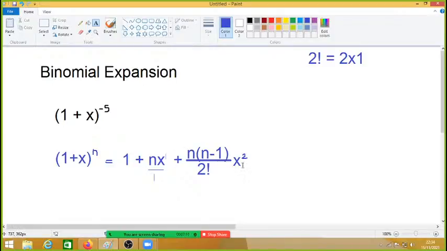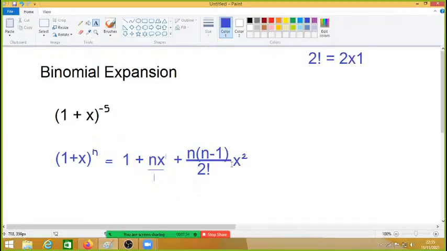So notice that it's quite easy to remember because this was x to the power 1, and it had 1 factorial underneath, or just 1. This is x to the power 2, and it's got 2 factorial underneath. So you can start to think, well, what's the next one going to be? It's going to be x to the power 3. What's it going to have underneath? And then on the top, notice that it's 2 factorial.